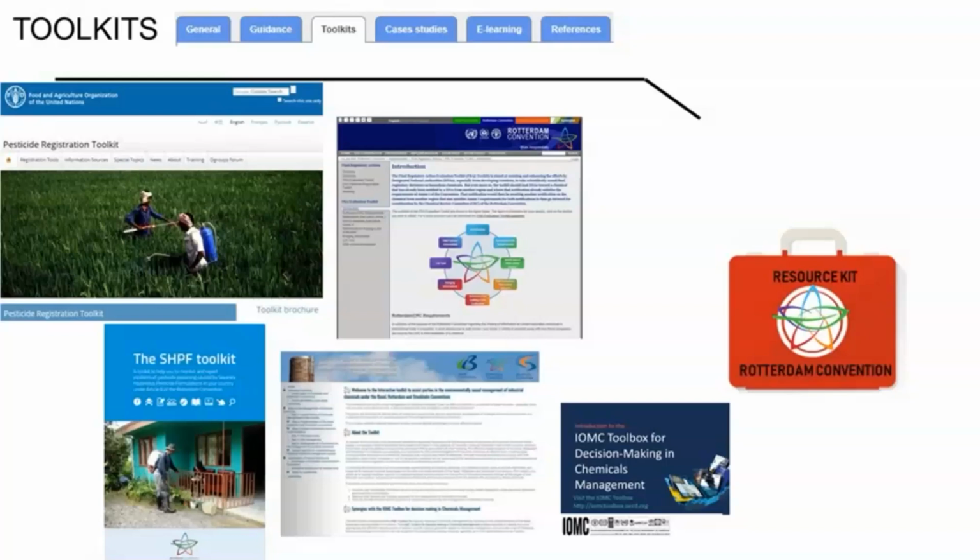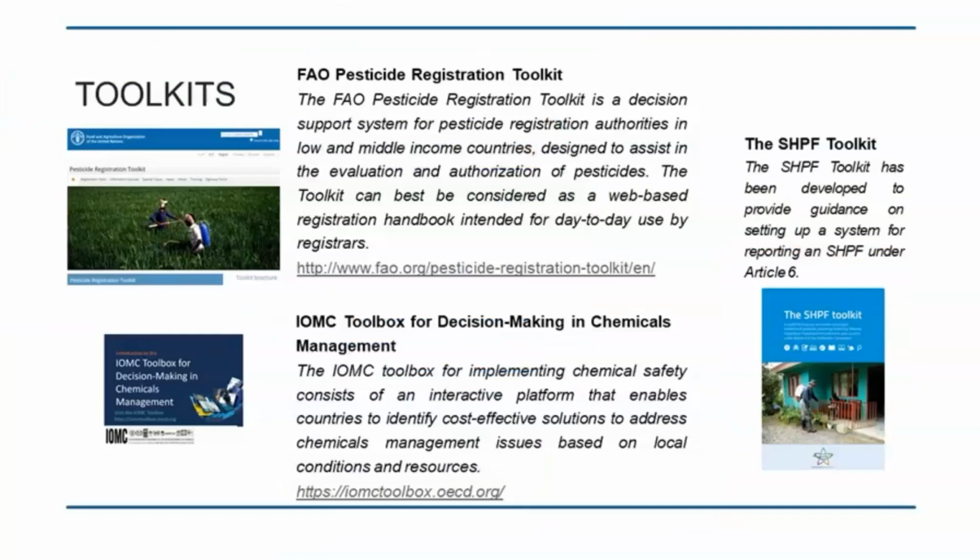This can be considered as a web-based registration handbook that can be used day-to-day by registrars. FAO provides support and technical assistance to countries that require capacity building through the toolkit at the national or regional level. Later on, in the next few weeks, we will be offering some specific topics which are contained in the registration toolkit.